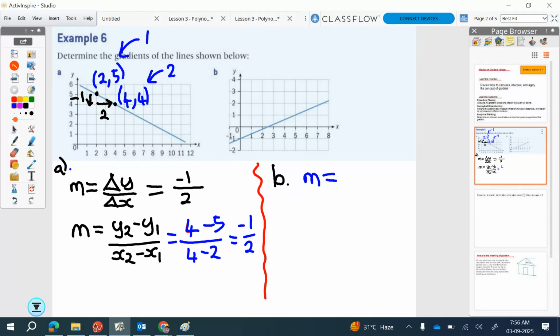Sir, can you explain how to do it, if I take these two coordinates, 5, 1, and then minus 0, with the slope triangle approach?